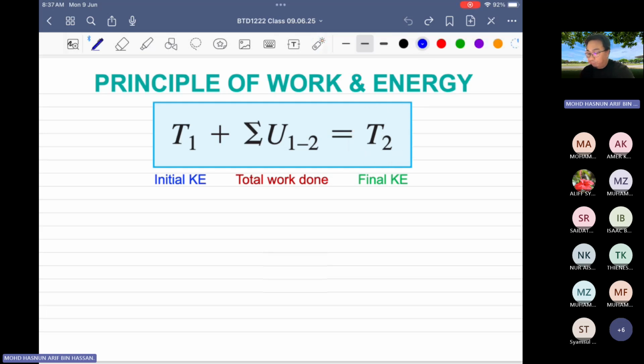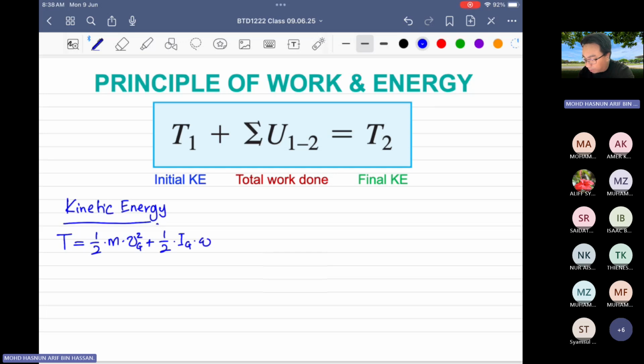If you recall, kinetic energy is calculated by the general equation T equals 1 over 2 times mass times Vg square plus 1 over 2 times Ig times omega square. This is the general equation for kinetic energy.